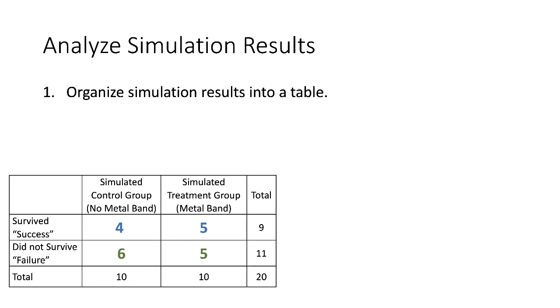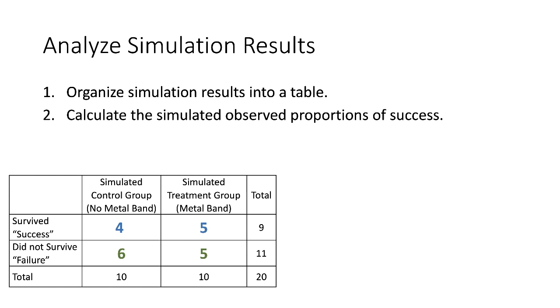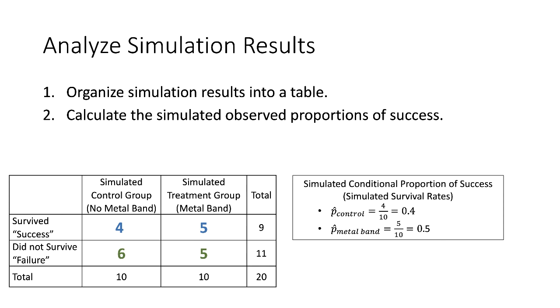Now that we've organized the simulation results into a table, we're going to calculate the simulated observed proportion of success. The simulated proportion of success in the control group is the 4 penguins that survive out of the 10, or 0.4. The simulated conditional proportion in the metal band group is the 5 penguins that survive over the 10 total, or 0.5.